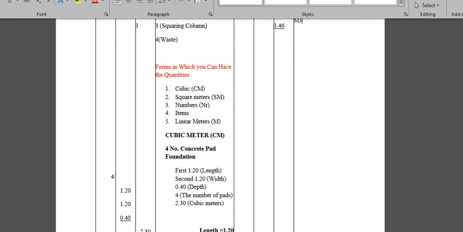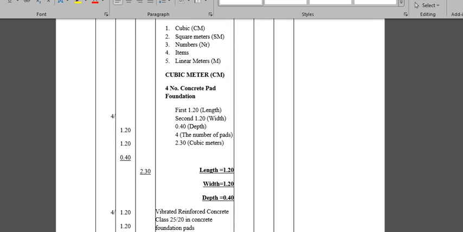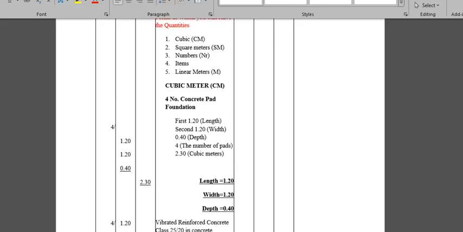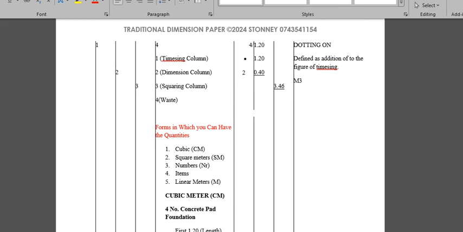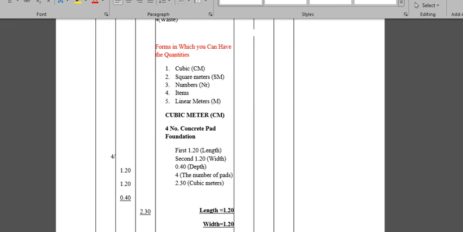Let's see if there is any other bit that we need to cover for this particular session. Let's give an example where we have square meters. In an instance where we have square meters, you will basically have 2 dimensions.